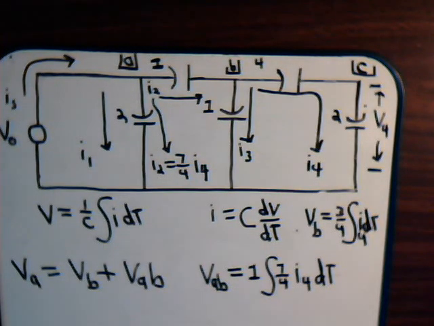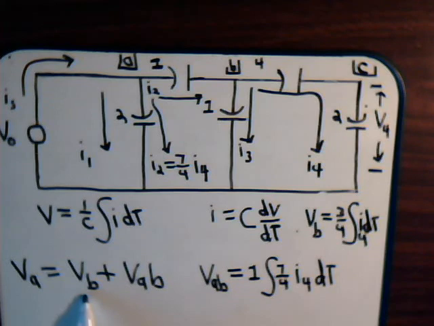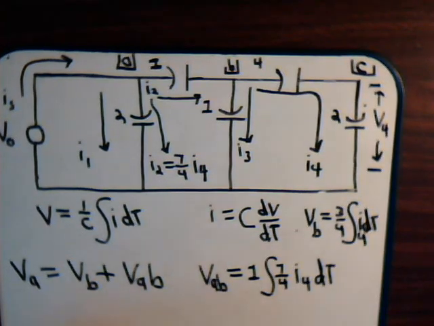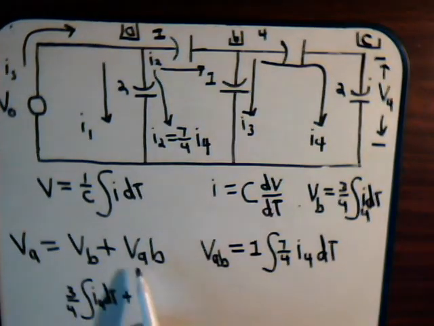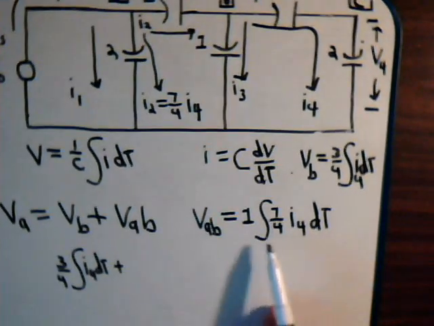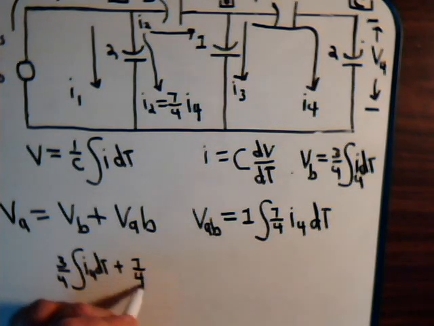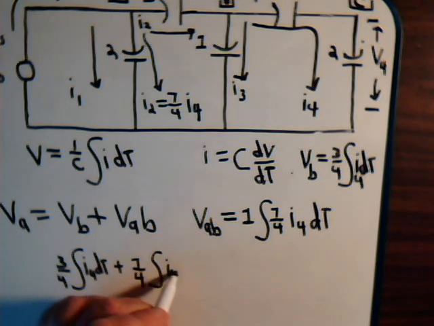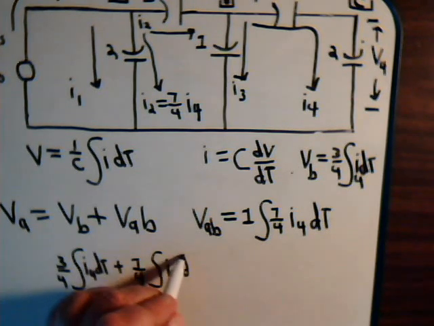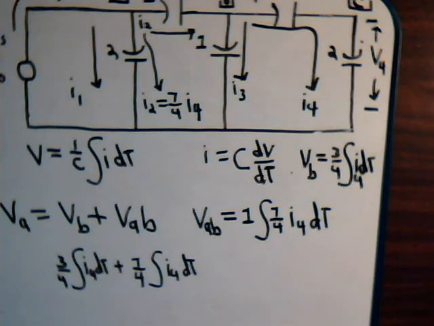So let's do that. VB, that's this, 3/4 the integral of I4 dt, plus VAB, that's this, 7/4 the integral of I4 dt.